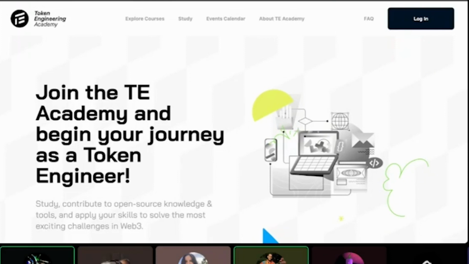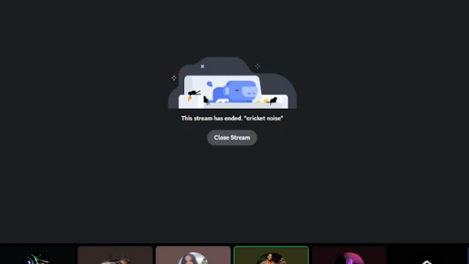There's a lot to learn from fellow token engineers who are doing this on a day-to-day basis and consulting. We also have a lot of students, and I think the Token Engineering Academy is great as an entry point. It doesn't have to be that you want to be a software developer. You just want a better understanding of the token economic system that you're proposing.